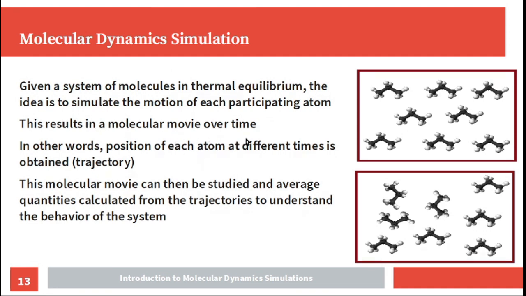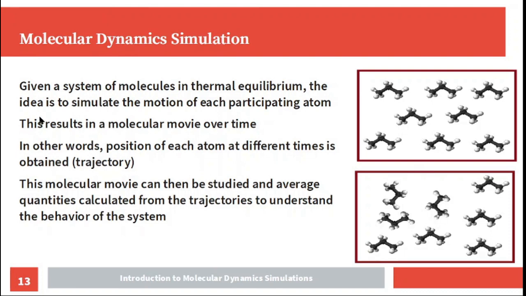So, for example, here at one particular point of time, say starting t equal to 0, your system might look like this. At t equal to 1, the system might look like this. At t equal to 2, the system might once again look like this or some other configuration. And this way, you'll have a molecular movie over time.